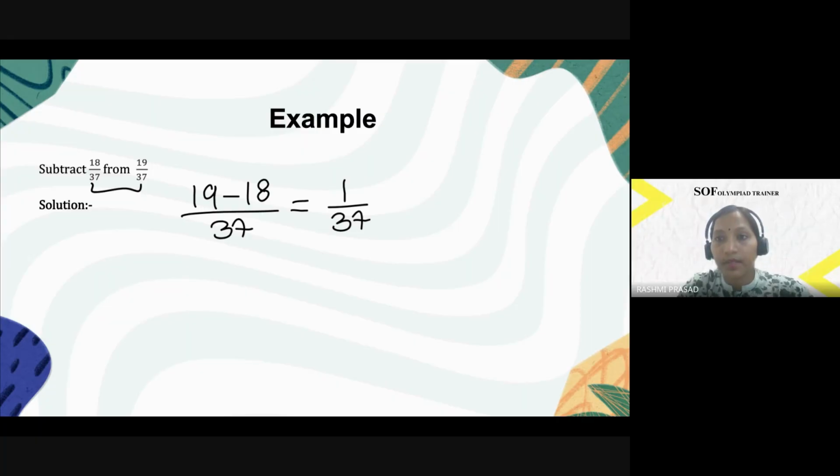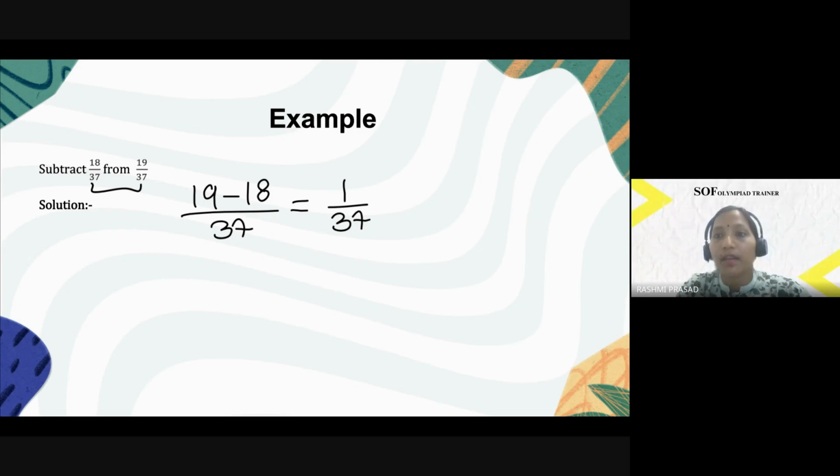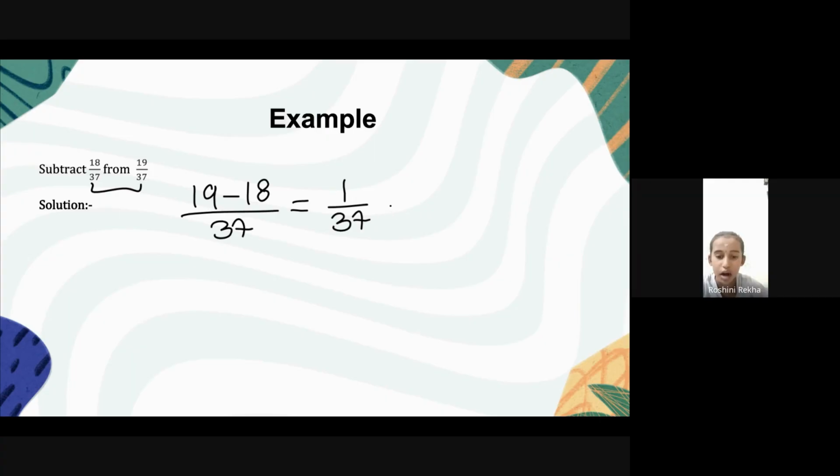Ma'am, you write it on the board, right? 19 minus 18 is equal to 1, dash, under it you write upon 37 or 39? Say it, Roshni, 1 upon 37. We call it 1 upon 37. Okay? Ma'am, my name is Ritanya.